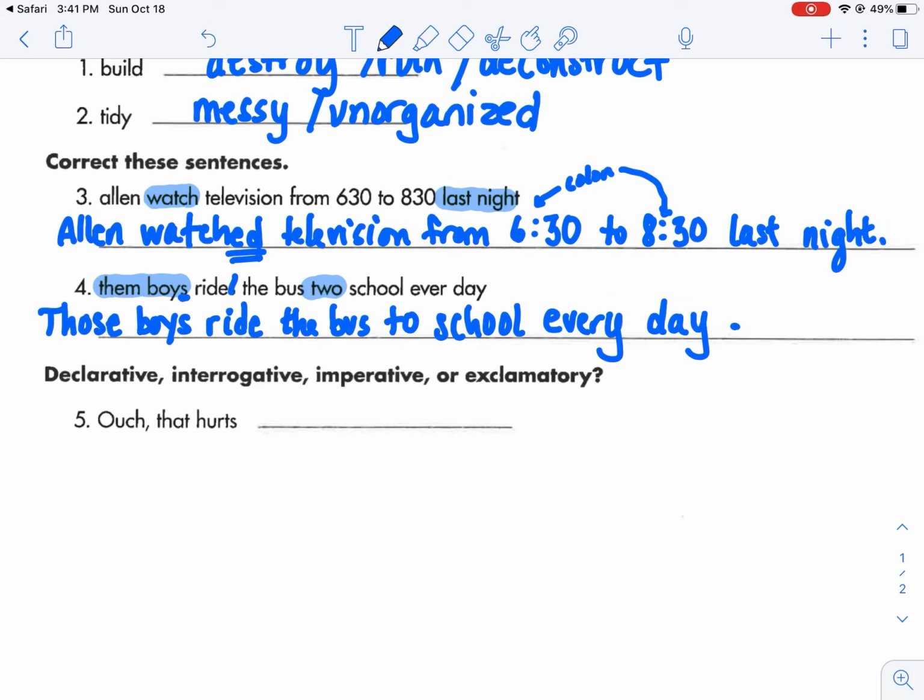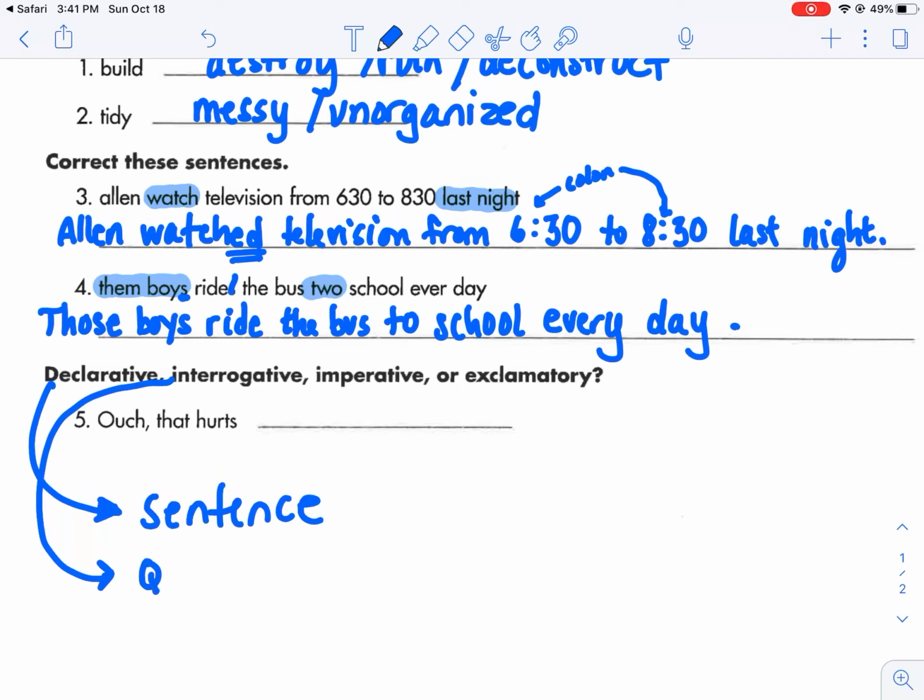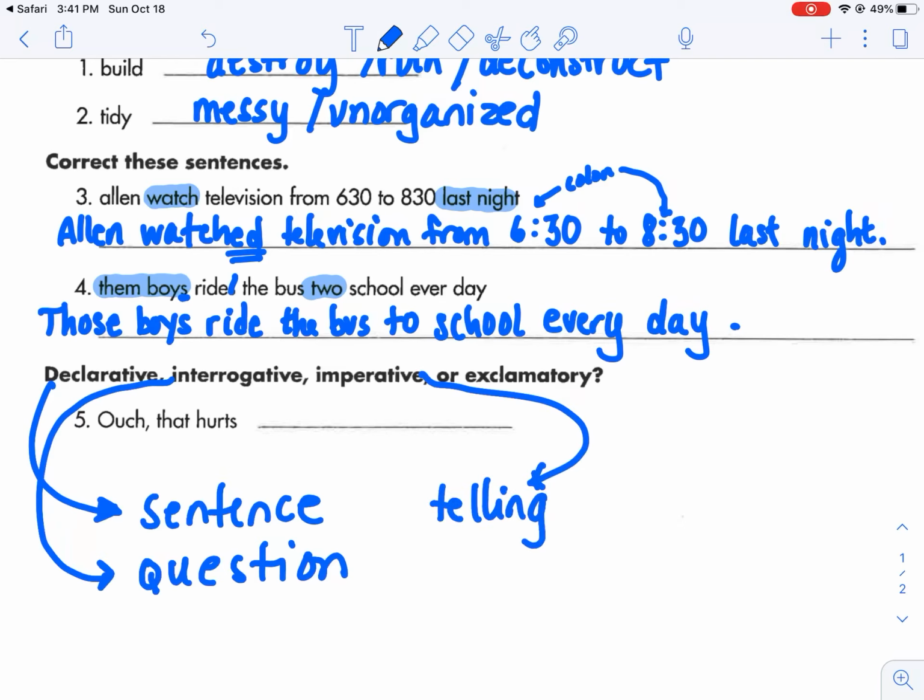Oh dear, lots of new words here. Declarative means a simple sentence. You're just declaring something in a sentence. You are expressing something. Interrogative means a question. Imperative means you are telling someone to do something or writing a command.